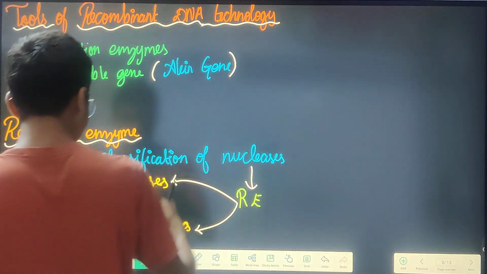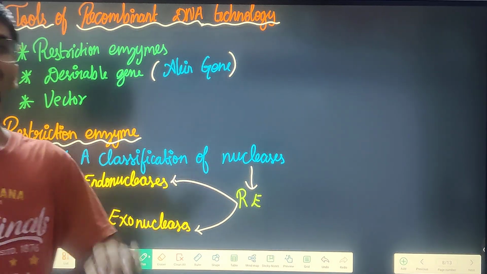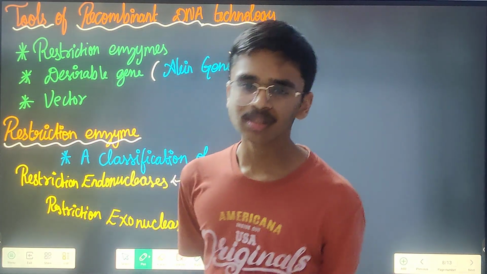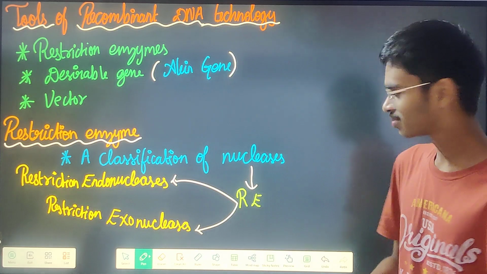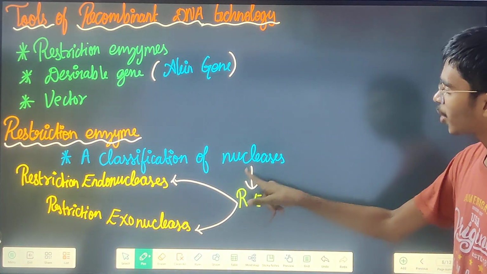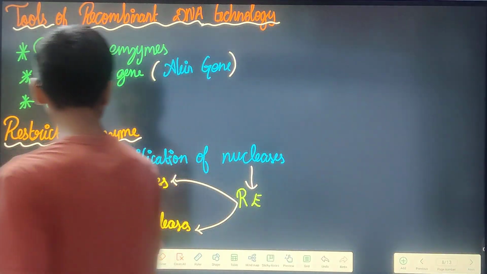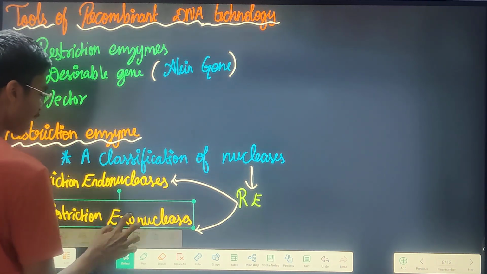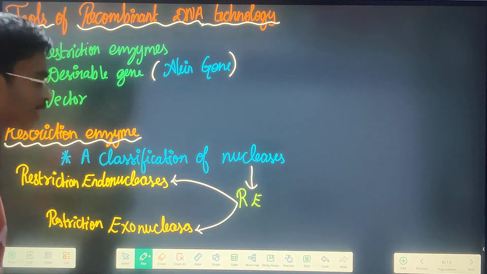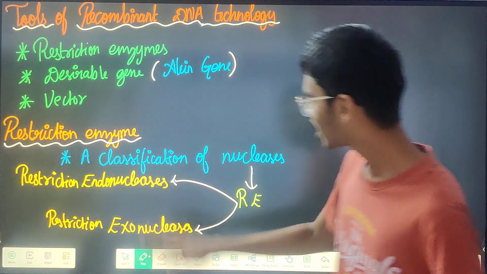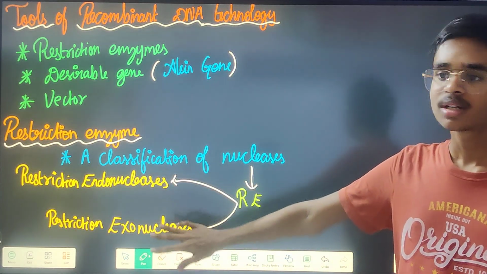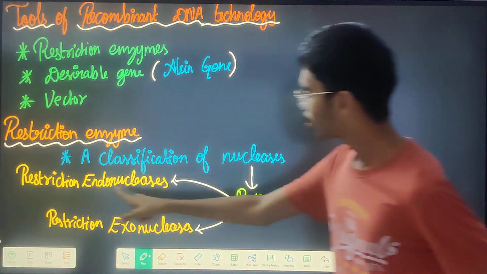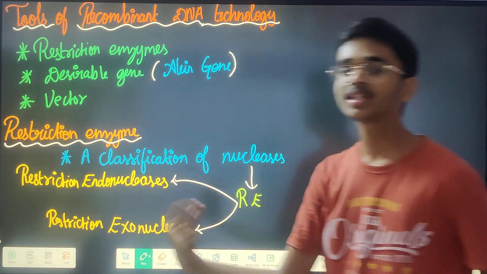Endonucleases, then exonucleases. Now you don't know what the terms restriction endonucleases and restriction exonucleases mean. Actually, these are very simple terms. First of all, their job is to cut a DNA. Restriction endo means inside.